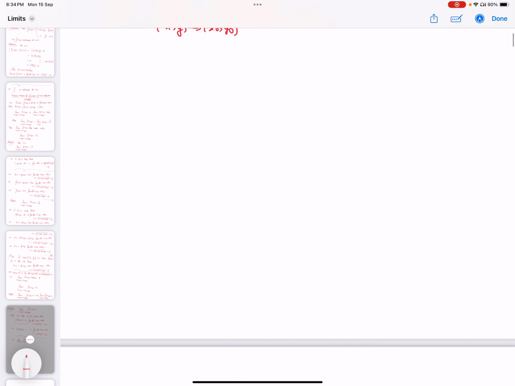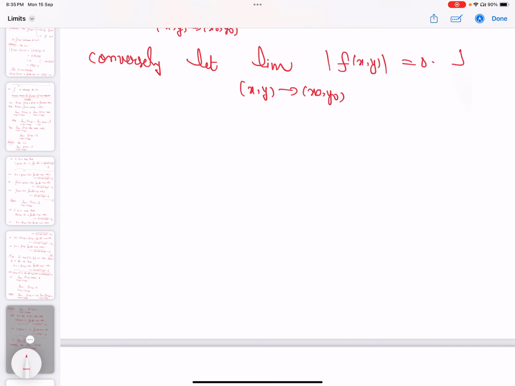Now conversely, let the limit as (x,y) tends to (x naught, y naught) of the modulus of f(x,y) be equal to 0. Let epsilon be greater than 0.